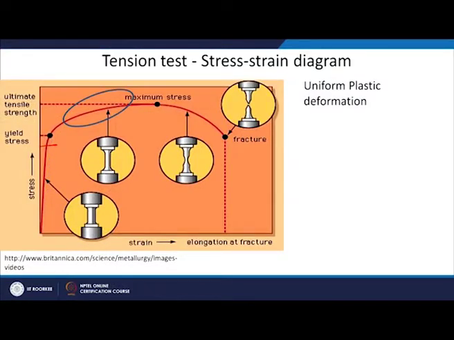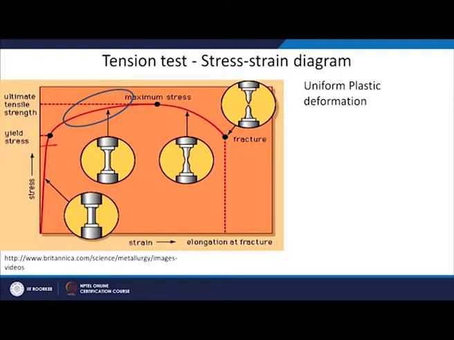This is where you will get uniform plastic deformation. So, after the yield point, where your material started showing the plastic deformation, you will have plastic deformation, and we are dividing this into two parts.